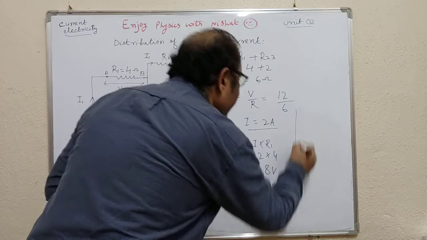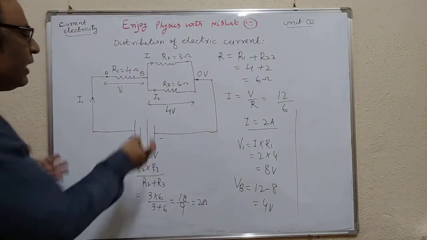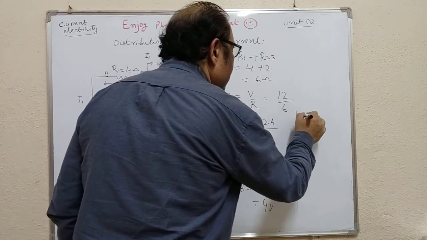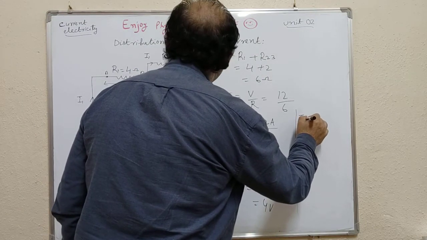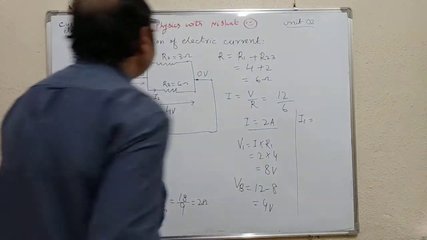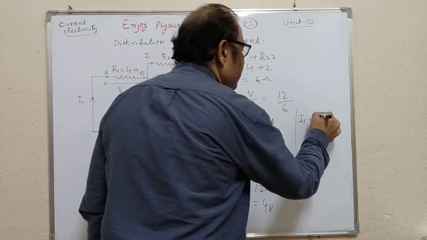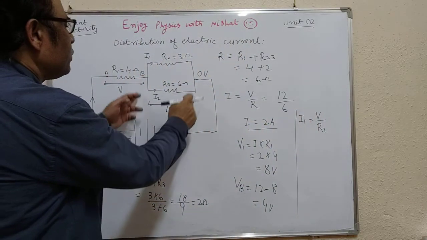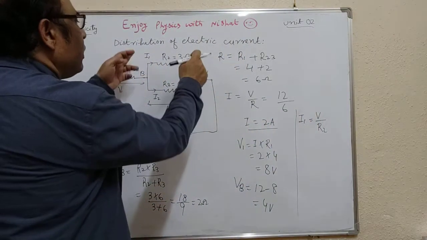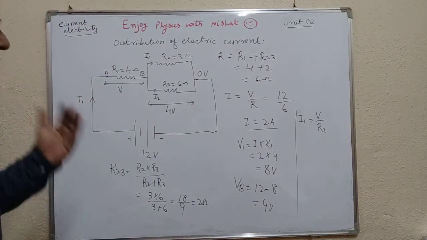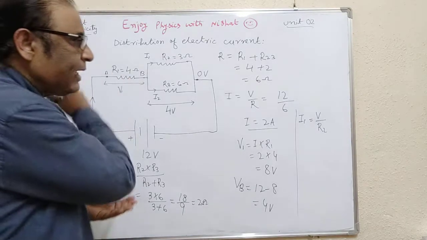Now it is very easy. Now again use this formula, I1 equal to V upon R2. Because this 4 volt is also for R3 and also for R2, because R2 and R3 are in parallel connection.